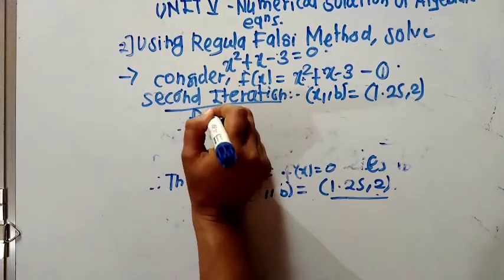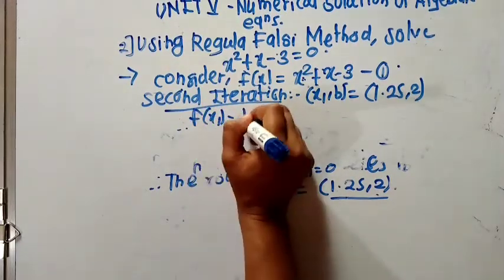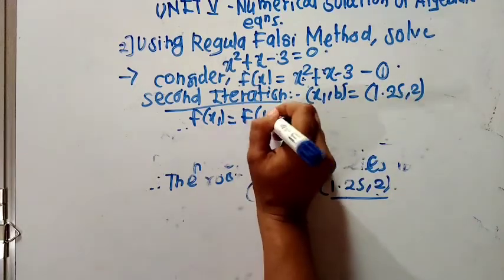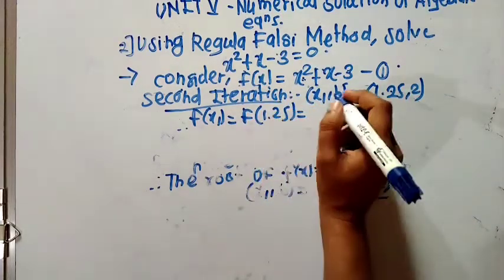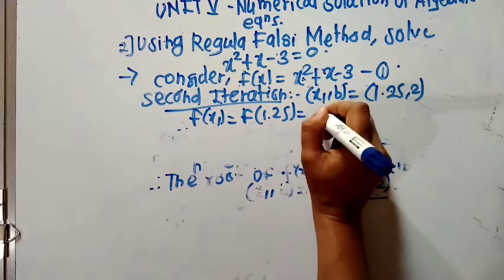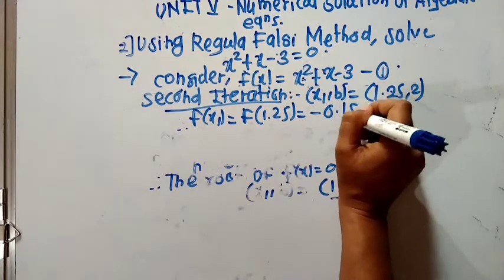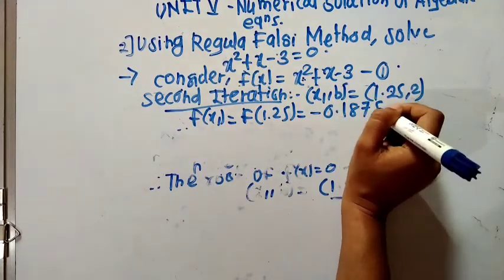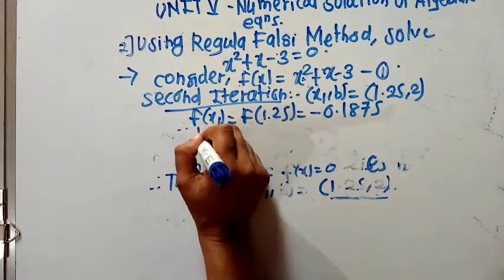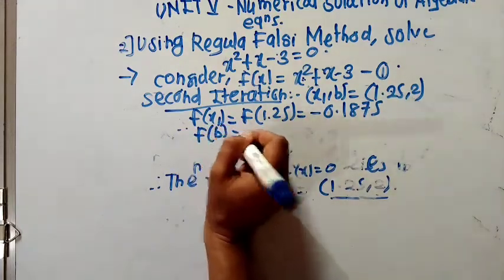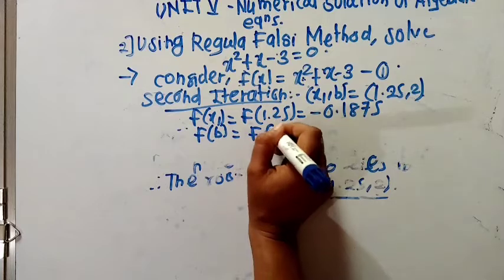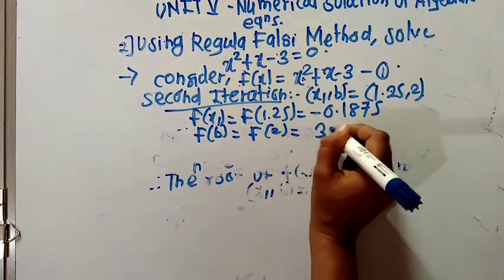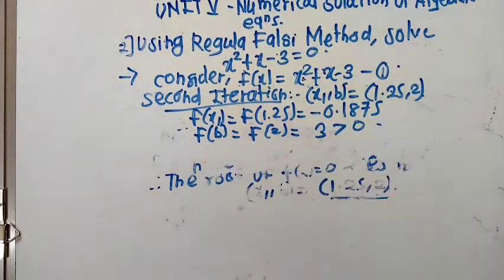Here f of x1, which is equal to f of 1.25, is equal to minus 0.1875, and f of b is equal to f of 2, which is equal to 3, greater than 0.